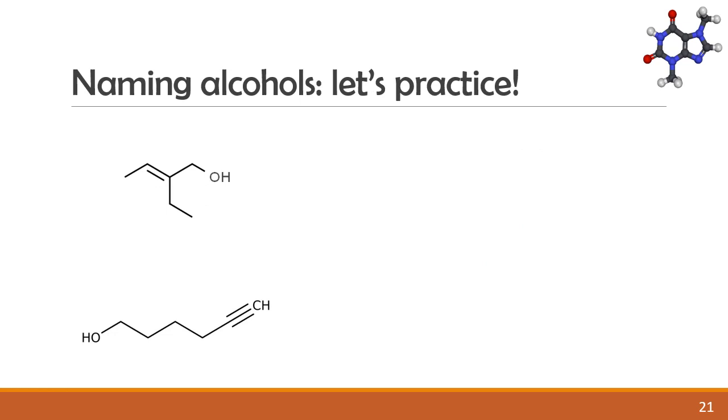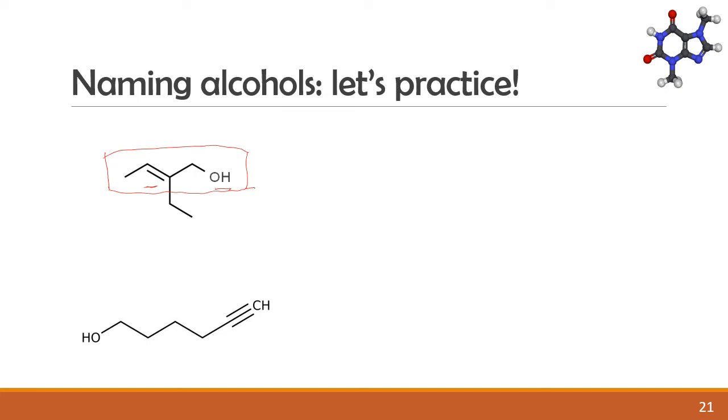Let's practice naming unsaturated alcohols. Our first alcohol is from an alkene because of this double bond. First, we need to find the LCC. The LCC must include both the double bond and the hydroxyl group, which means this is our parent chain.